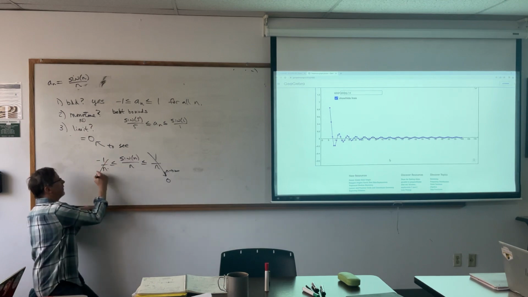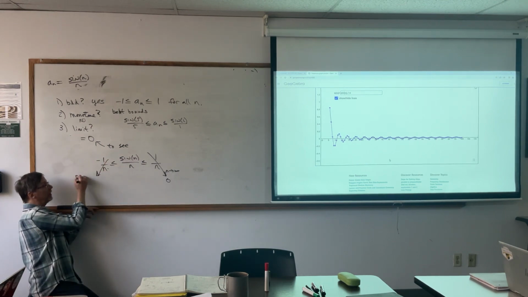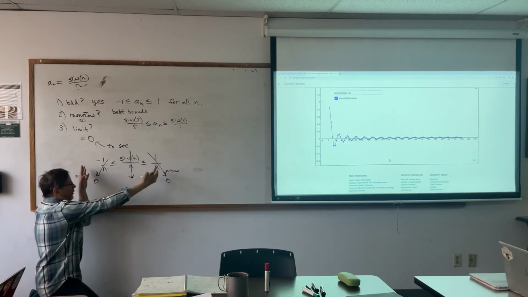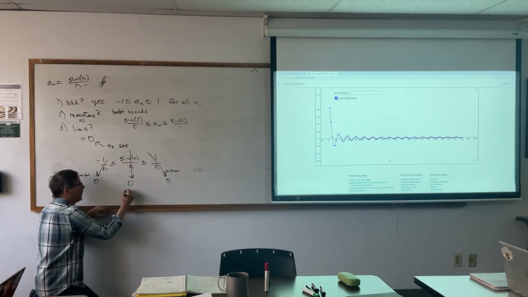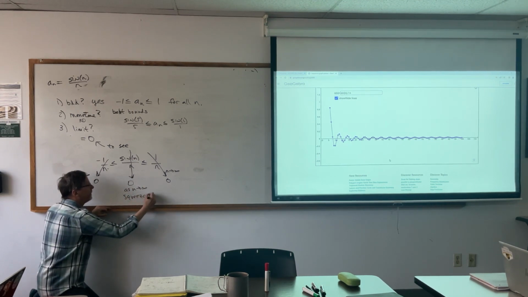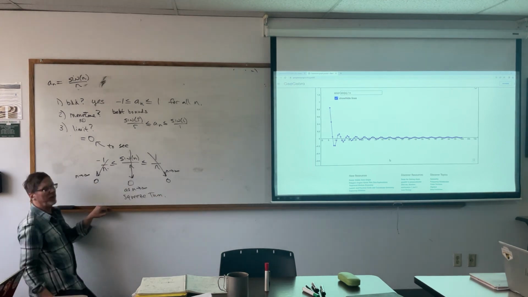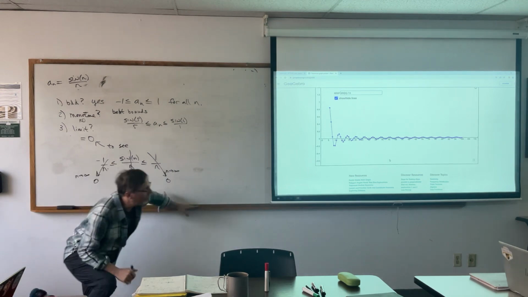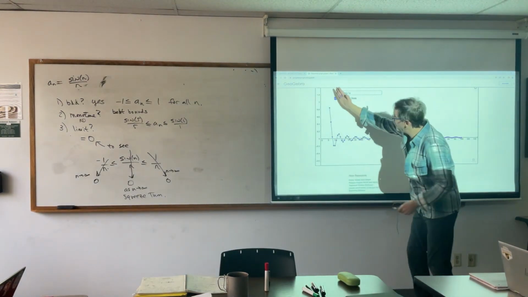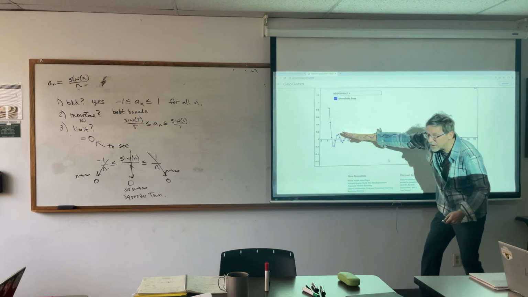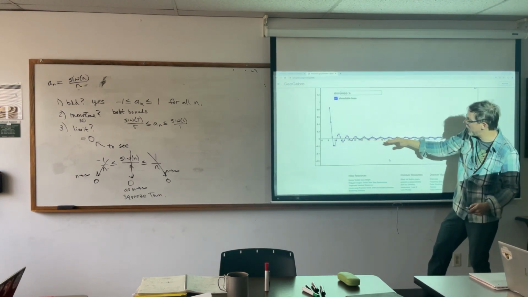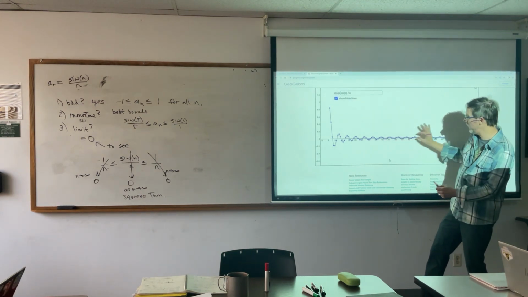Where does -1/n go as n goes to infinity? It goes to 0. Therefore, these two crush this one to 0 as n goes to infinity, and that's called the squeeze theorem, or the sandwich theorem. Does that make sense? It makes it really apparent, because we're just looking at the 1/n curve that is an envelope for the top. -1/n is an envelope for the bottom. And they both crush this thing down to 0.